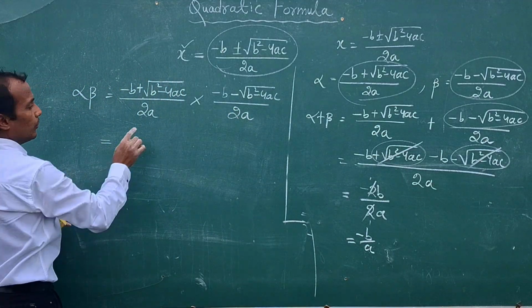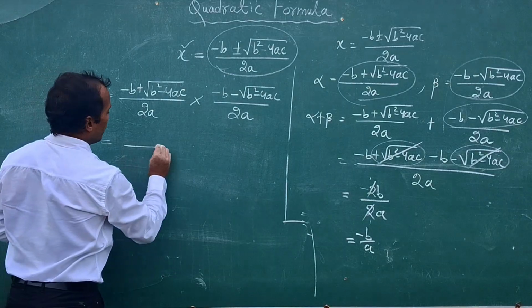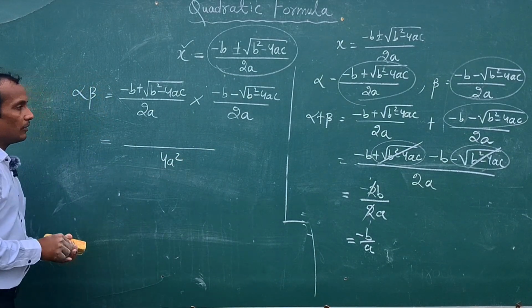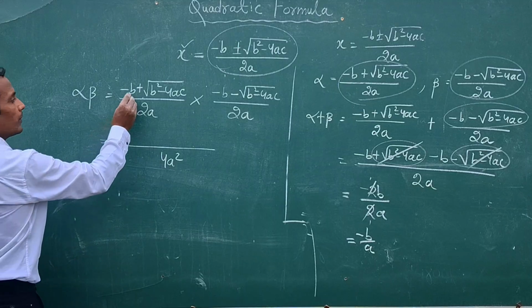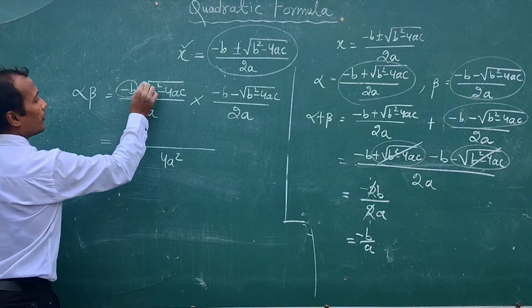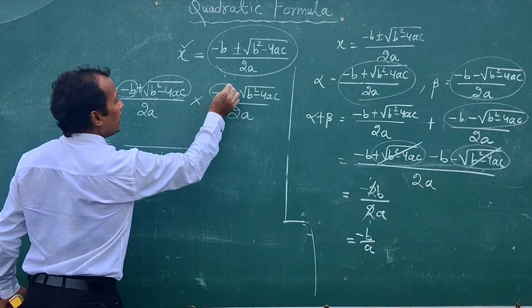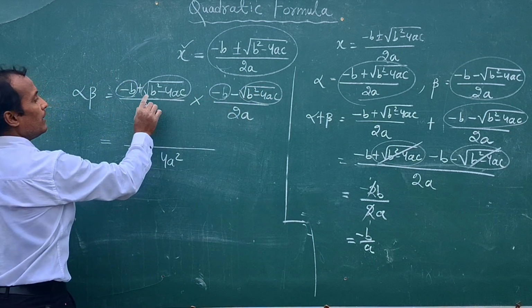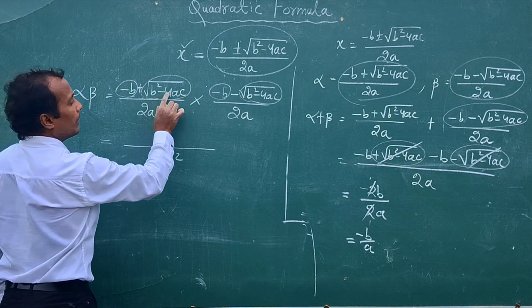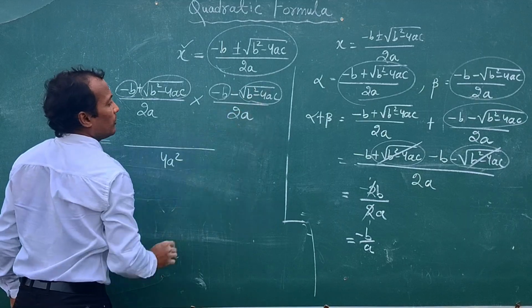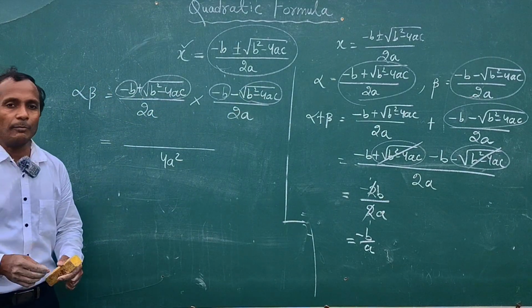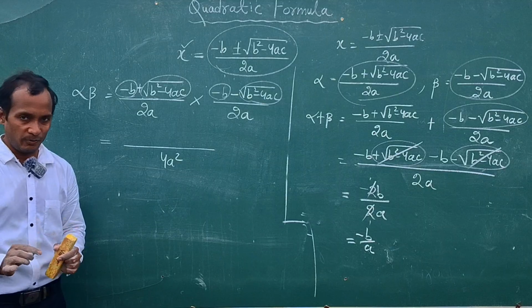Multiplying this both, you get denominator multiplied with denominator, so you have 4a square. Now what about numerator? This is like a plus b and a minus b. A is minus b and b is square root of b square minus 4ac. A plus b into a minus b, there is an identity. A plus b into a minus b gives you a square minus b square.